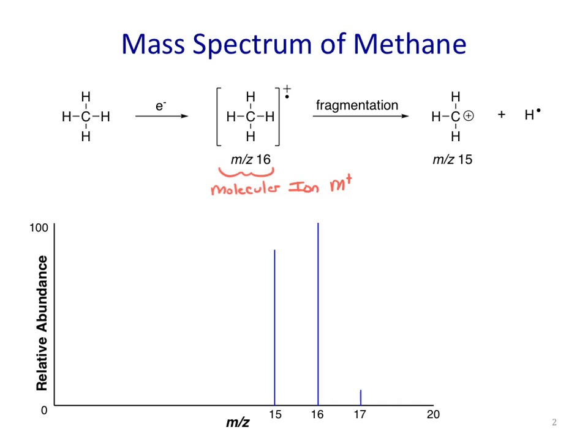So right here at 16, that's our molecular ion. Anything with a lower mass than that appearing down here on the spectrum is the fragments. So we see this fragment at m/z 15.